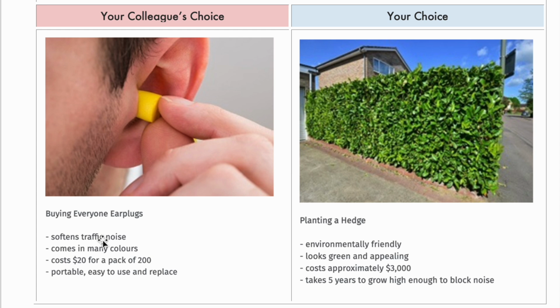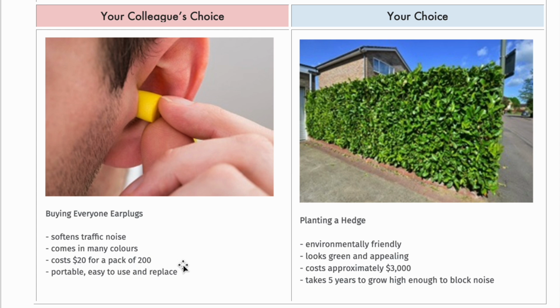Because there's so much noise, so if you put them in your ear, it softens the noise, makes less noise. Comes in many colors. Okay, so not just yellow, maybe orange, green, blue. Costs $20 for a pack of 200. So $20, one pack of 200.